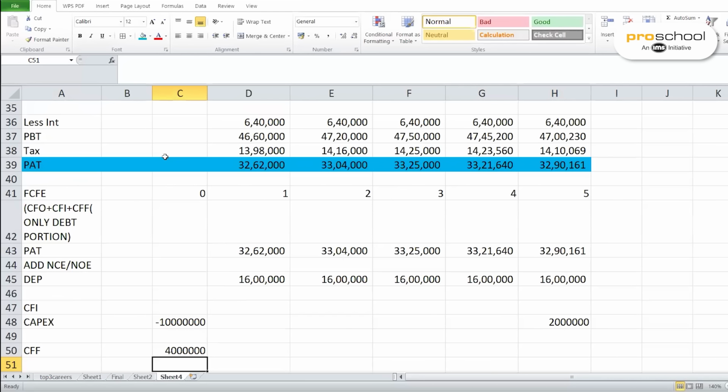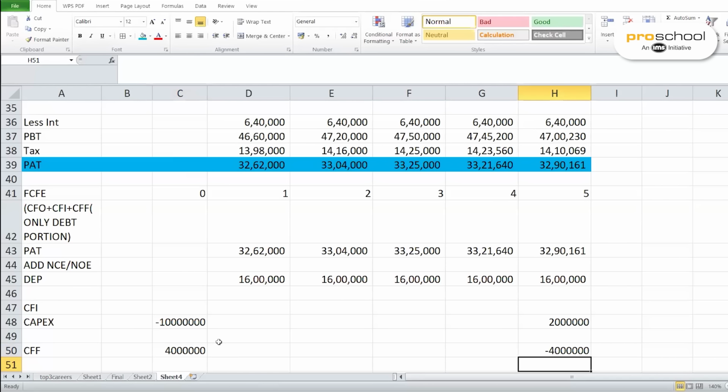Now, shall this be in plus or in minus? Anybody of you can guess. We are taking a loan, so the money is flowing into the business. So we will take this figure in a positive way. Then after 5 years, we will repay the loan. So in the 5th year, this money will flow out of the business, so we'll take minus of the same figure in the last year.